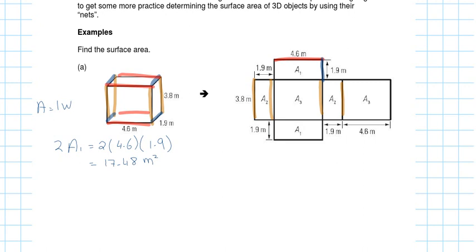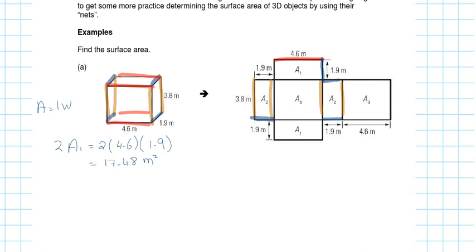Are we okay with this? All right. Now, if I'm looking at A2, right? So A2 is made out of the 3.8 and of the blue one, which is the 1.9, right? So it's the 3.8 and the 1.9. I have two of them, right?